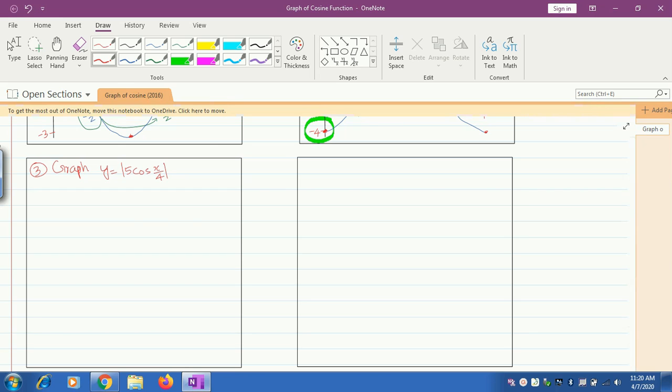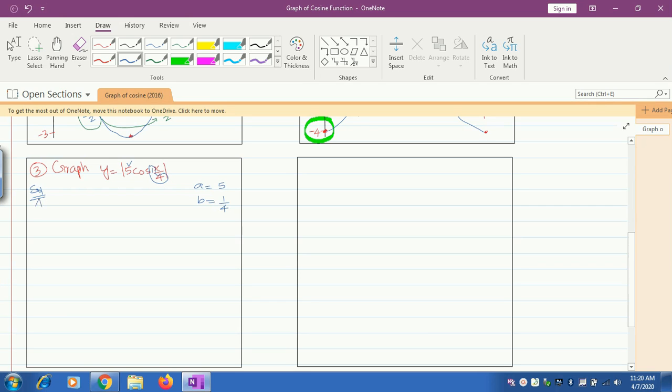Okay, so what are a and b here? a is equal to 5 and b is the angle coefficient, which is equal to 1 over 4. So this is a and this is my b, right?